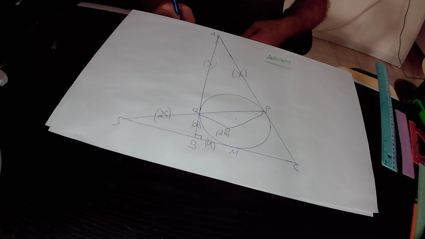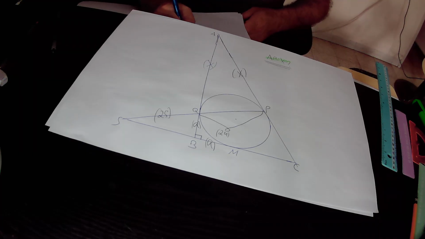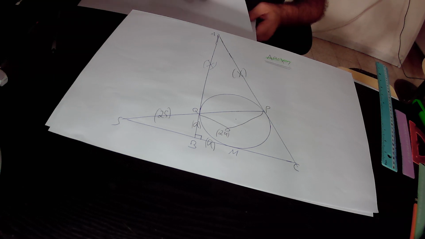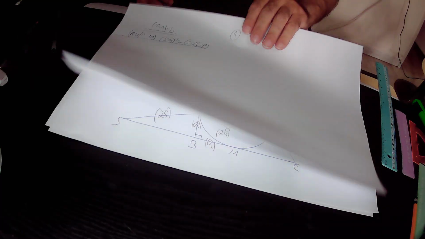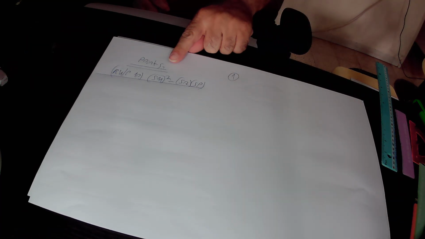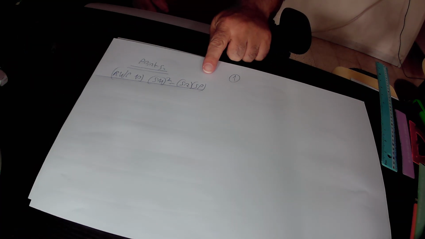And again, according to rule 10, the following equation is true: SM square equals SQ times SP.